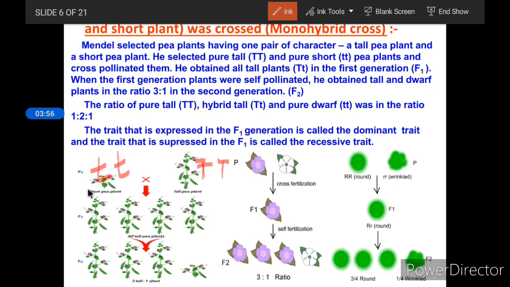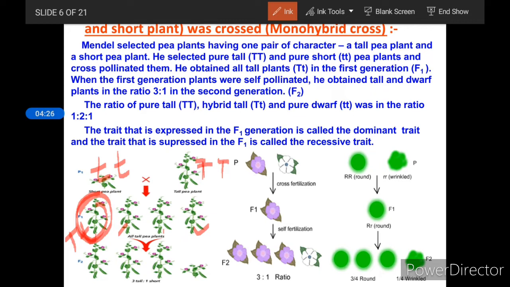So he was surprised. He selected one plant from the F1 generation, which is Tt, same as the others here. He selected one plant from this F1 generation and self-pollinated it. What do we mean by self-pollination?